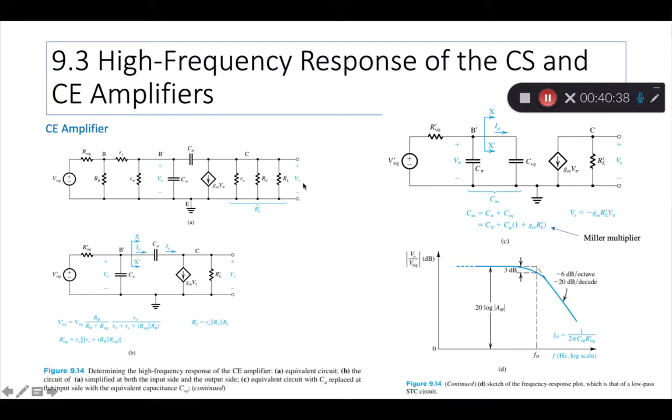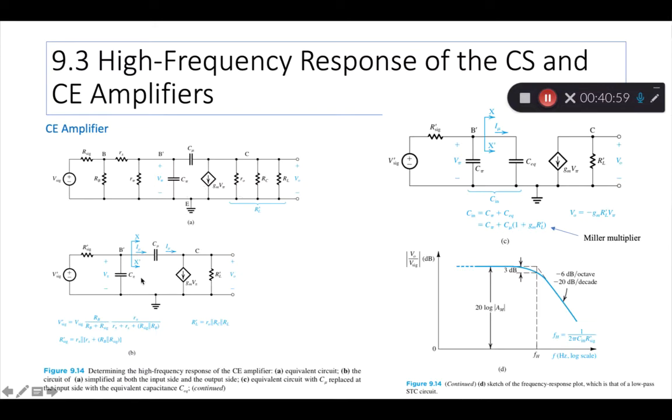RC and RL are external to the device. Similarly, the signal side, the input side, V signal and its source resistance R signal. RB is the biasing resistance on the base, so that is also external. Everything else is internal to the device.